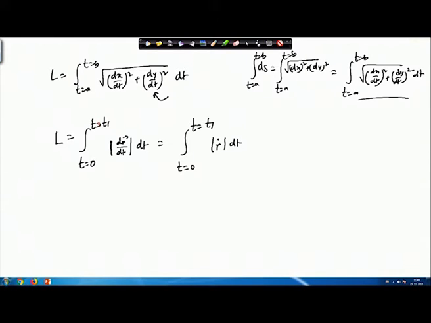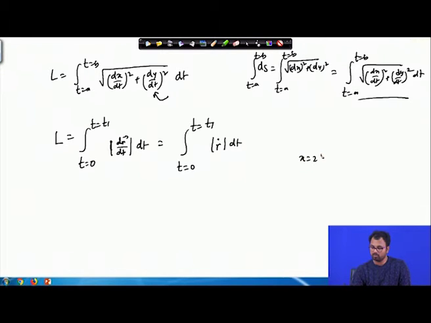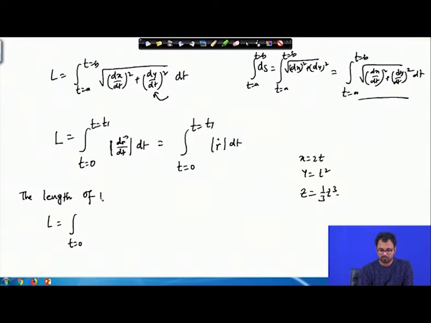So in the example from the previous class, where we had x equals 2t, y equals t square, and z equals 1 by 3 t cube, if we want to calculate the length of the curve from a point t equals 0 to a point t, then the length of the curve at any point t is the integral of mod r dot dt, and our r dot we can substitute from the previous class.